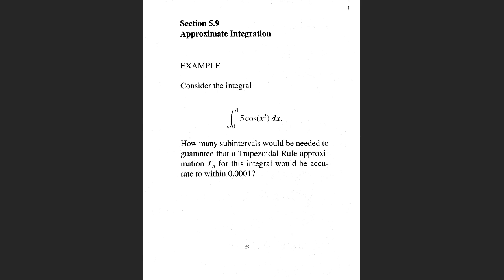Now, the function is 5 times the cosine of x squared. I could bring that 5 out in front of the integral, but I would have to bring it in later, so I think it's just better to leave it in. Okay, so here's the function. Well, I understand, Samuel.